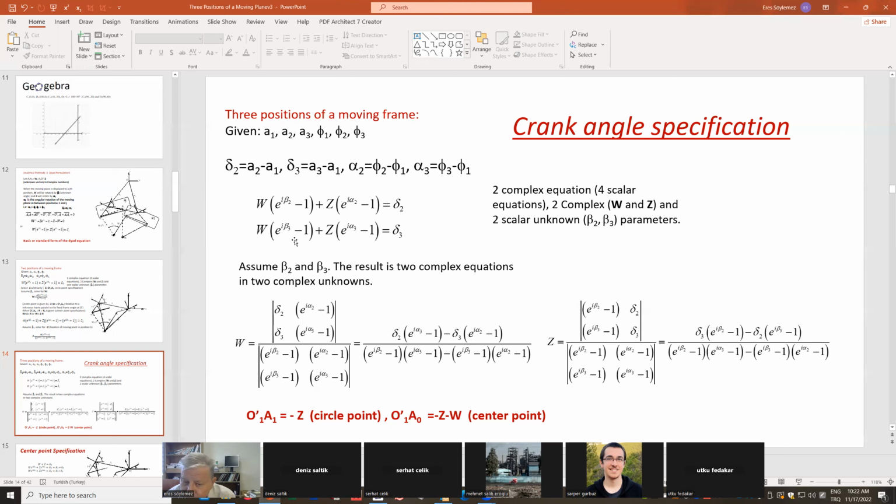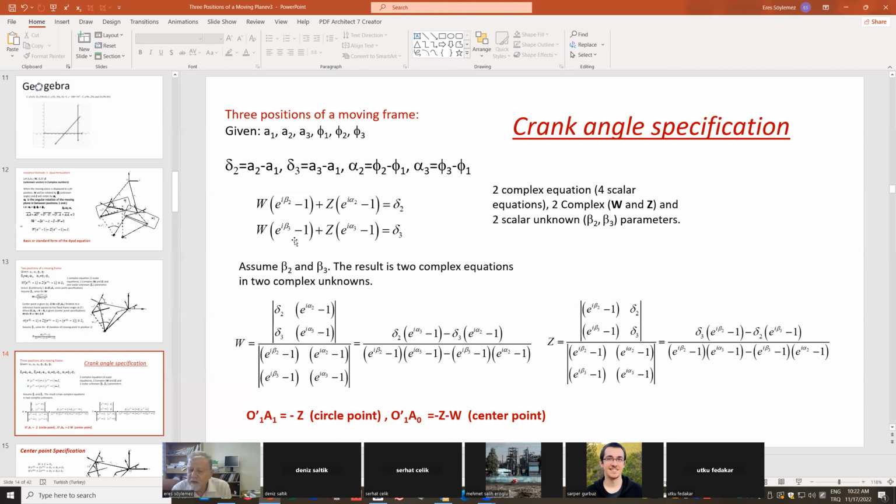And one beautiful thing is, these 2 complex equations in terms of W and Z are linear. We engineers love linear equations because it's simple. Because we know when the solution exists, what kind of a solution we have. We can solve everything. It is the nonlinear equations that create problems, that we have to tackle.